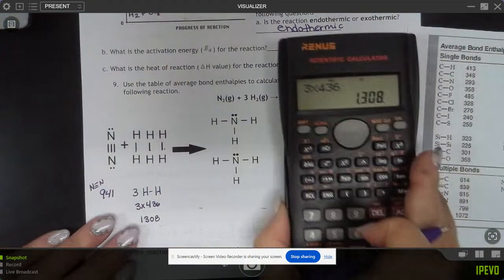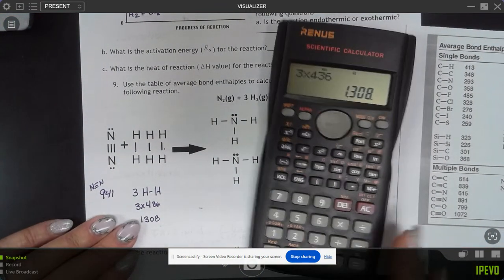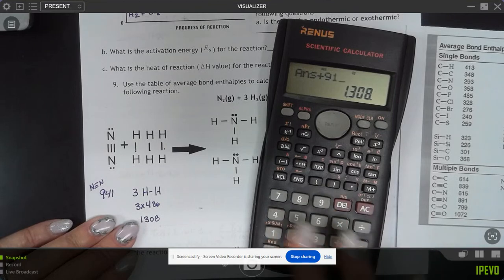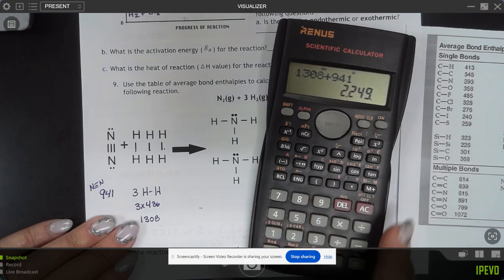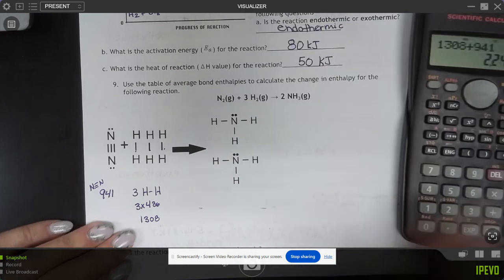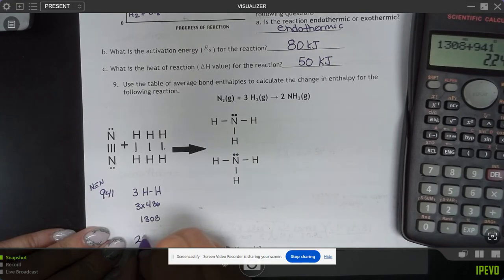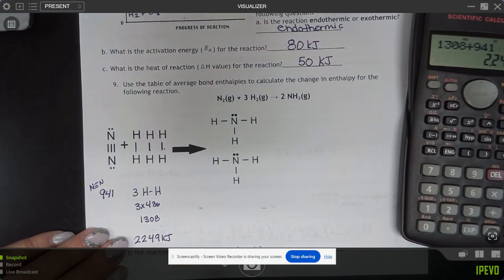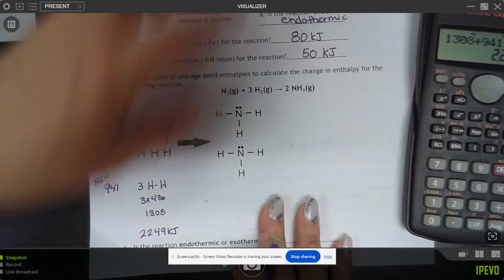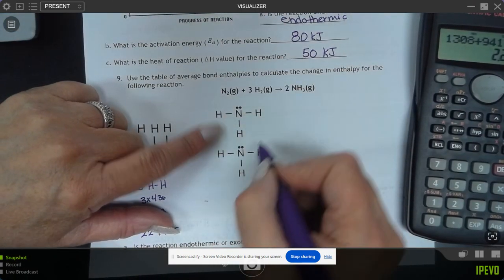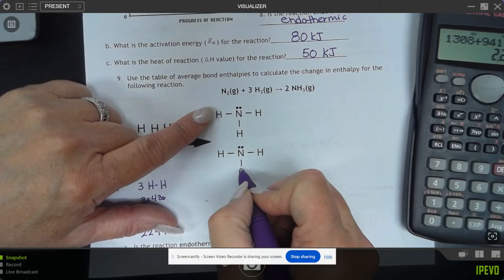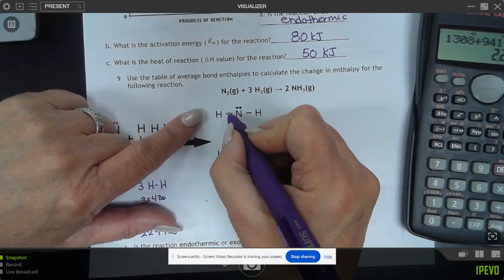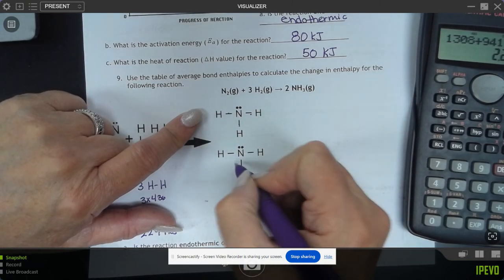So my total energy for my reactants is going to be 1308 plus 941. So 2249. That's what's on the reactant side. Now I need to figure out what's on the product side. If you look, I've got 2 NH3 molecules, and each NH3 has 1, 2, 3 nitrogen-hydrogen bonds.